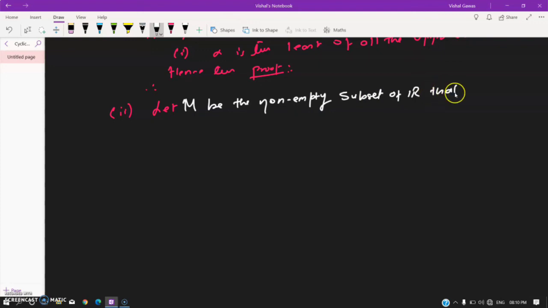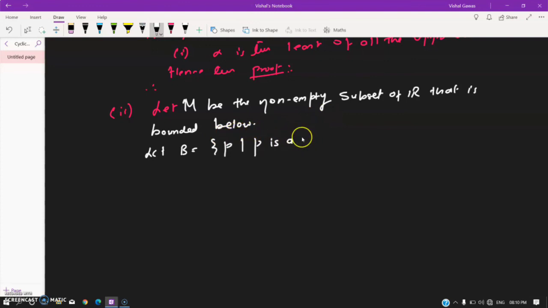That is bounded below. Right. Let B be the set of all P such that P is a lower bound. So if it's bounded, I can have all the lower bounds, right?